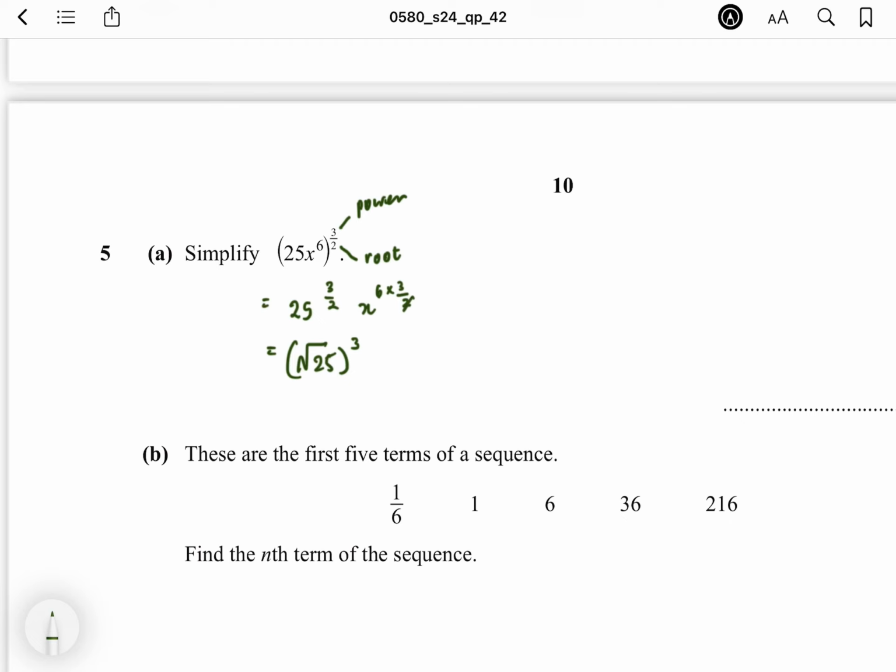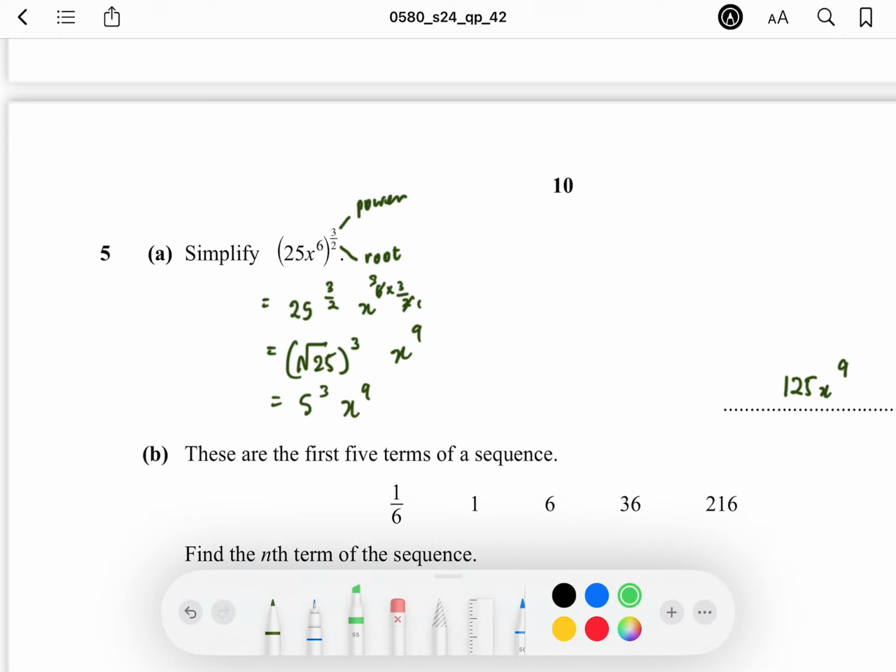And then this one you can simplify, jadi x to the power of 9. Root 25 is 5 to the power of 3. And 5 to the power of 3, you may use your calculator, is equals to, so 125 x to the power of 9. Actually, this one boleh pakai calculator pula.